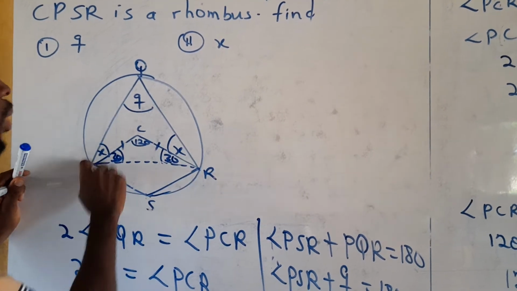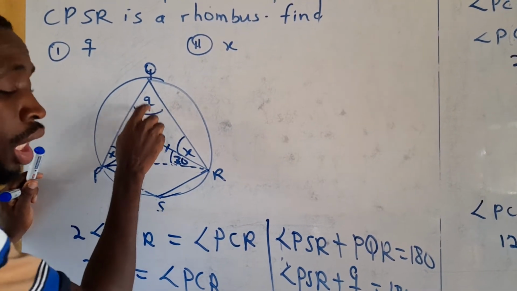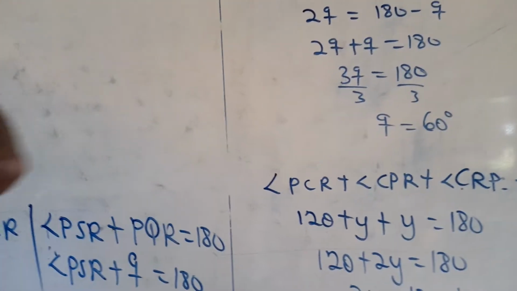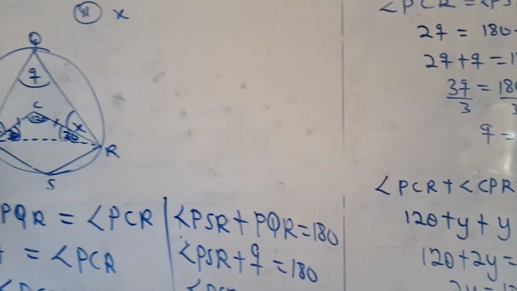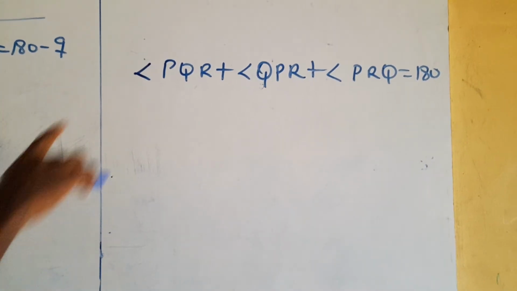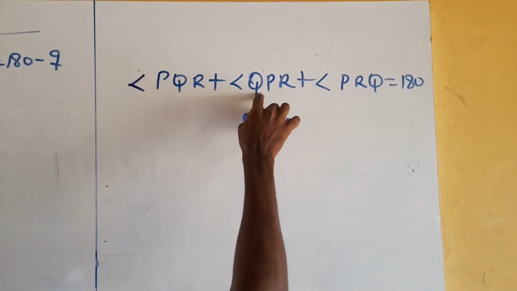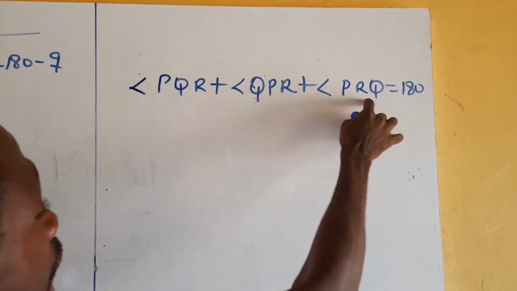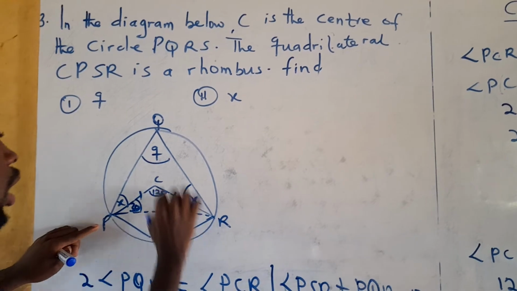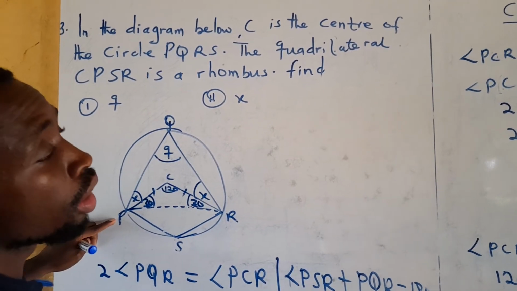Plus angle PQR, which is the Q. And Q, we find the Q to be 60 degrees. When we add those angles, we can equate it to 180 degrees. So I say our angle PQR plus angle QPR plus angle PRQ will be equal to 180 degrees. So this angle plus this angle plus this angle is equal to 180 degrees.